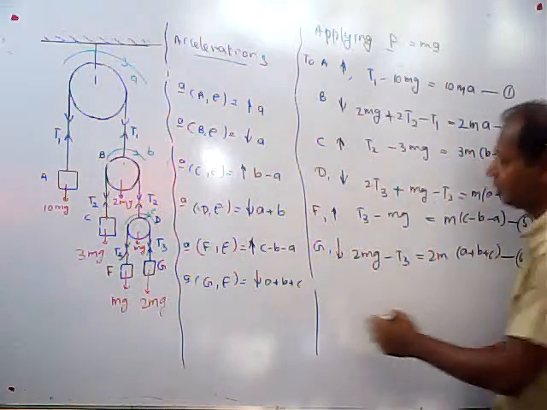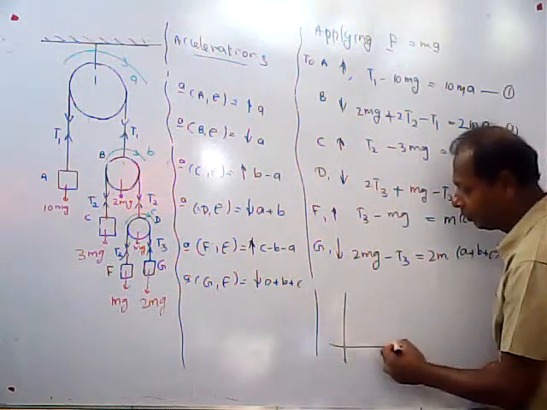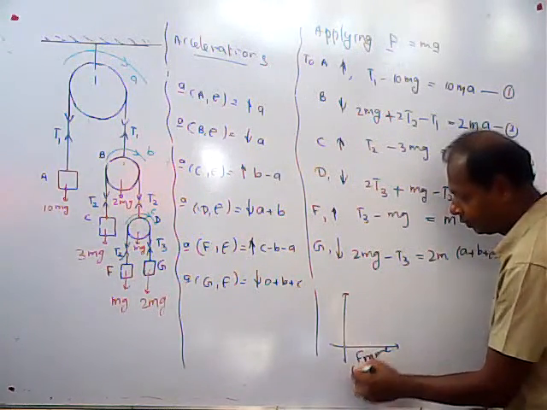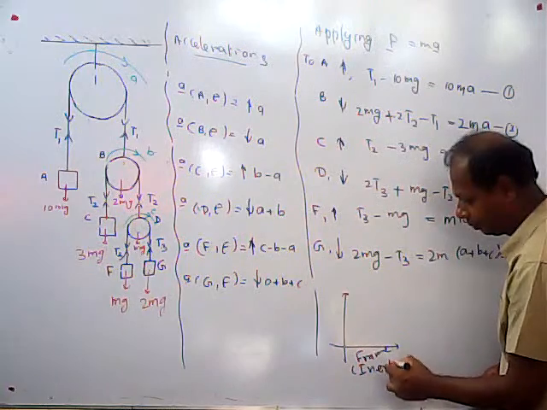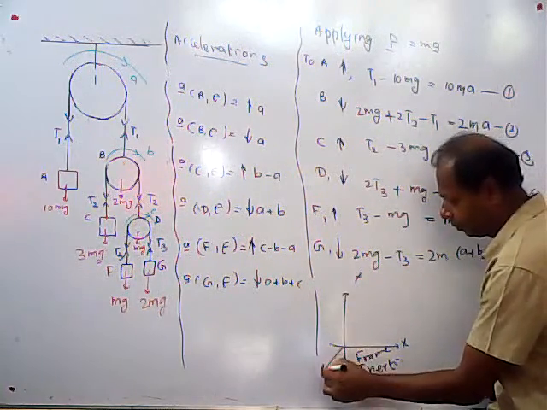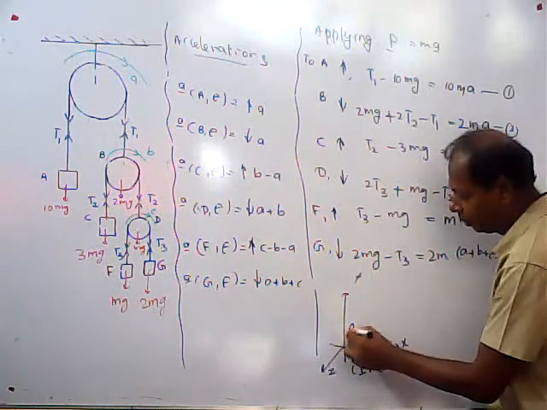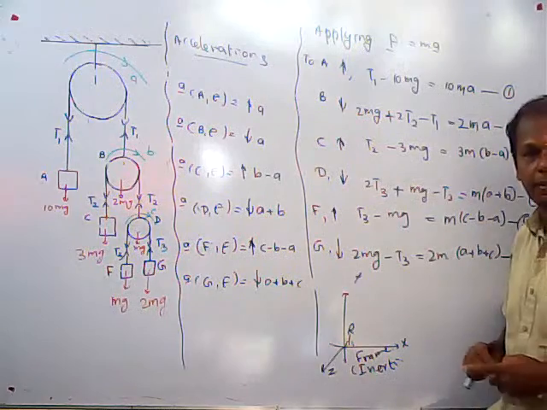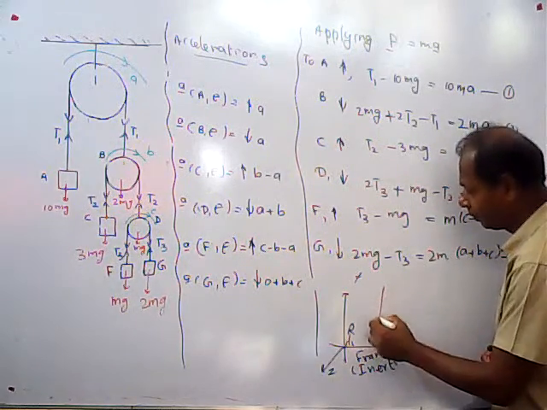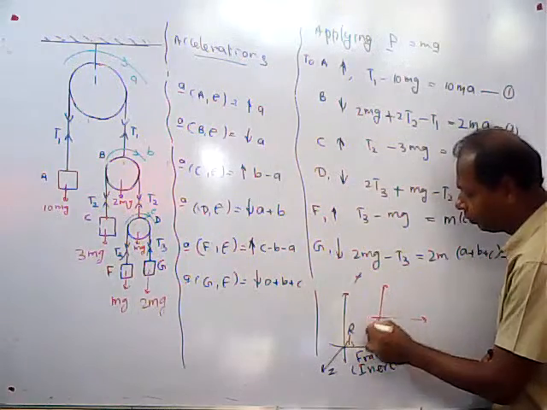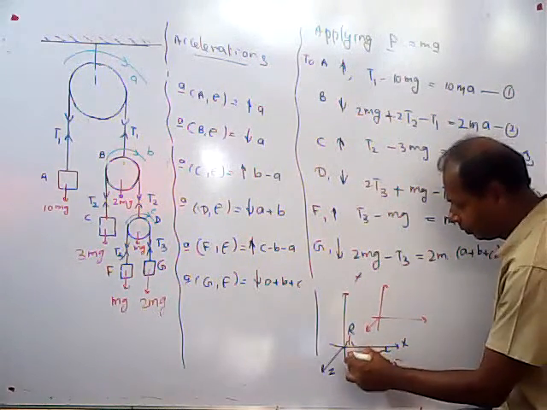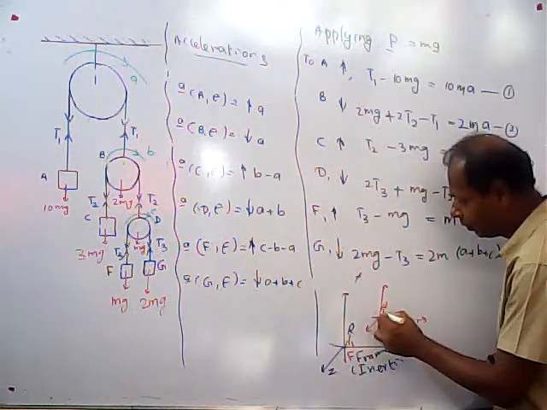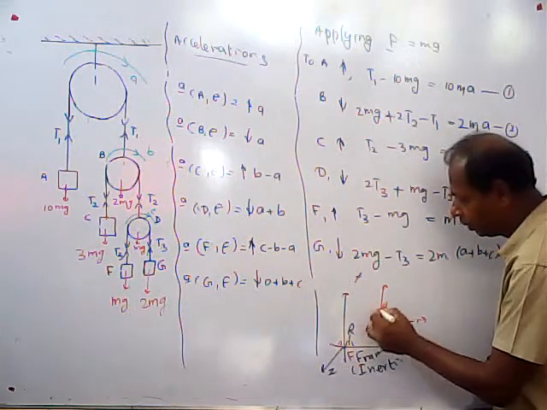If you have some inertial frame F, and there is some frame F dash, here is O and here is O dash.